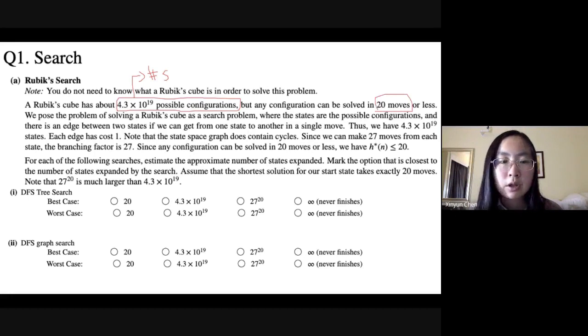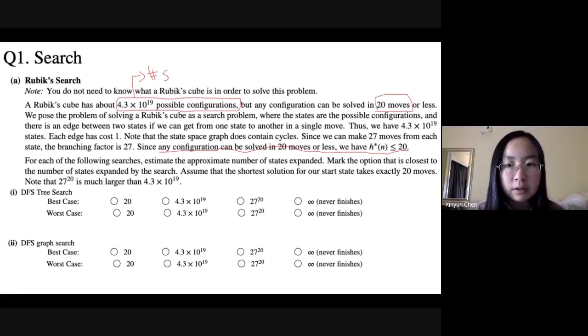This is further explained in the last sentence of this paragraph. It means that for the optimal solution, the length is always not greater than 20.